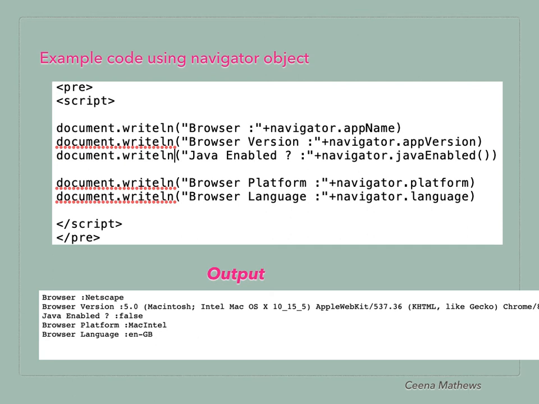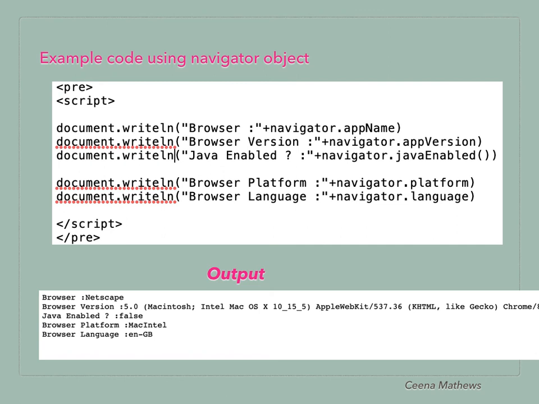Here, as you can see in a document.writeln, the first line navigator.appName. As you can see in the corresponding output, Netscape is the browser that has been displayed here, and the browser version is 5.0, and also other details are mentioned, such as which operating system is used.